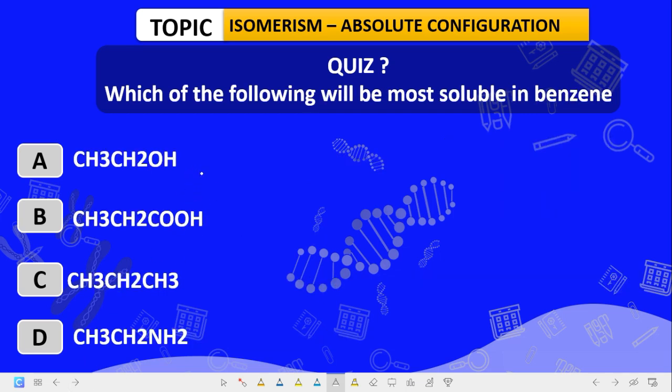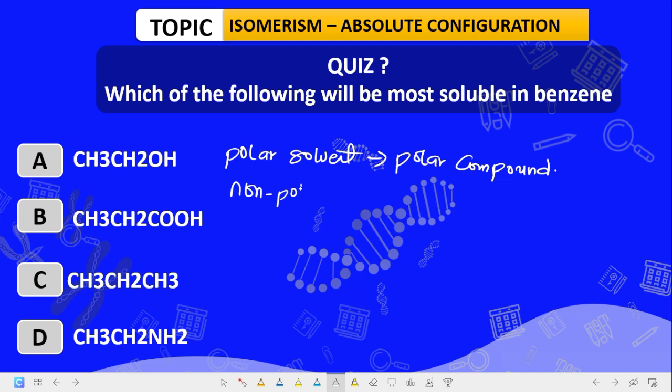Which of the following will be most soluble in benzene? Now, note something, that polar solvents dissolve polar compounds, while non-polar compounds will be more soluble in non-polar solvent.